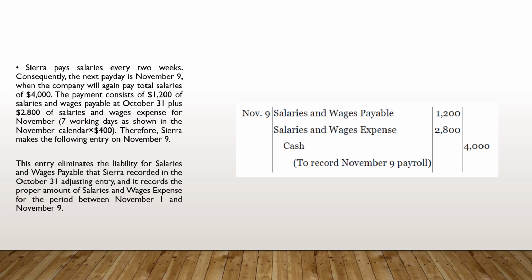And then Sierra makes the following entries for November 9th. Okay, take a look at that. So this entry eliminates the liability for Sierra's wages payable recorded in the October 31st adjusting entry. So it records the proper amount of salaries and wages expense for the period between November 1st and 9th.